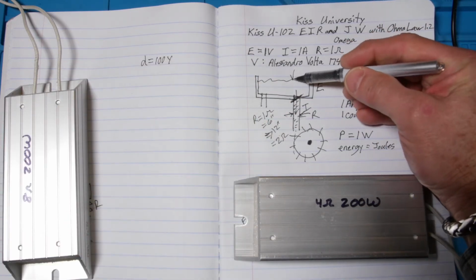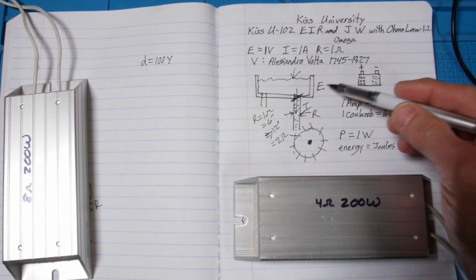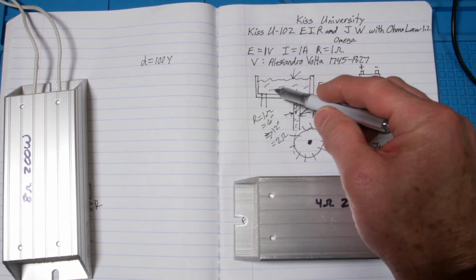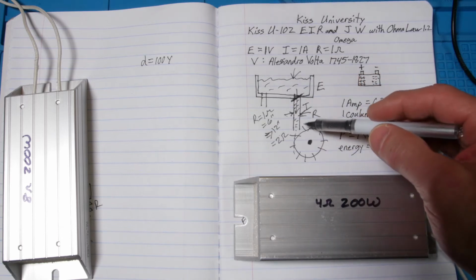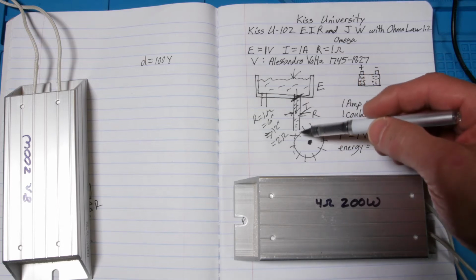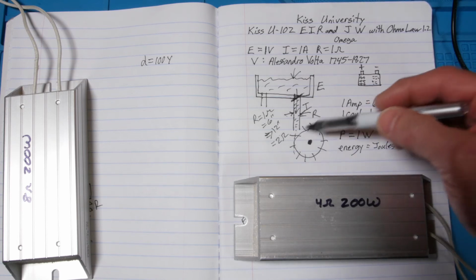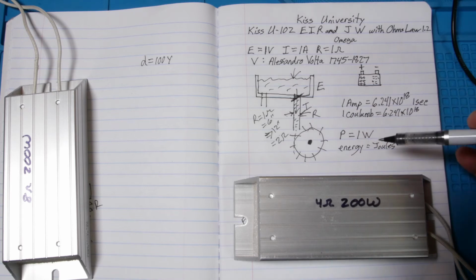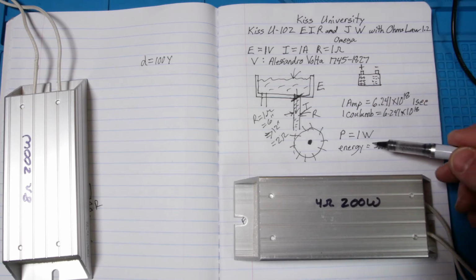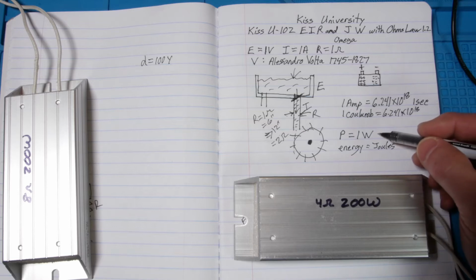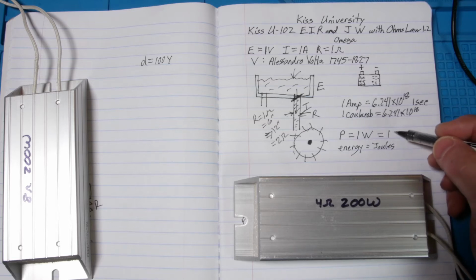So we have voltage here, pressure, that's E, and we have current, which is water, a bunch of electrons, okay, and they're going through the pipe, that's our conductor, and we have current flow, okay, so this current flow pushes this water wheel, which creates energy, which is work. So energy is measured in joules, and joules per second is equal to watts. So 1 watt is equal to 1 joule per second, okay?